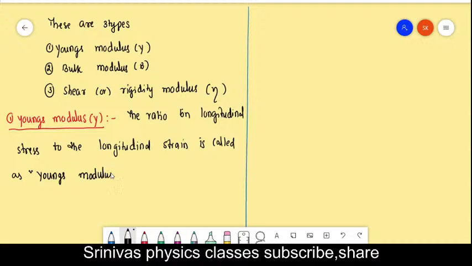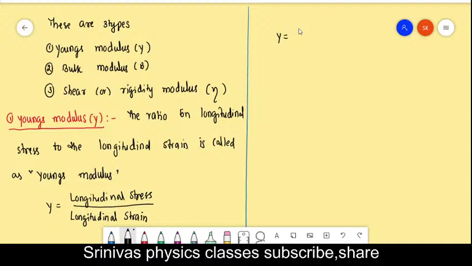If you apply longitudinal stress, which dimension changes? Length changes. That strain is called longitudinal strain. If you apply the longitudinal stress, then the longitudinal strain will occur.